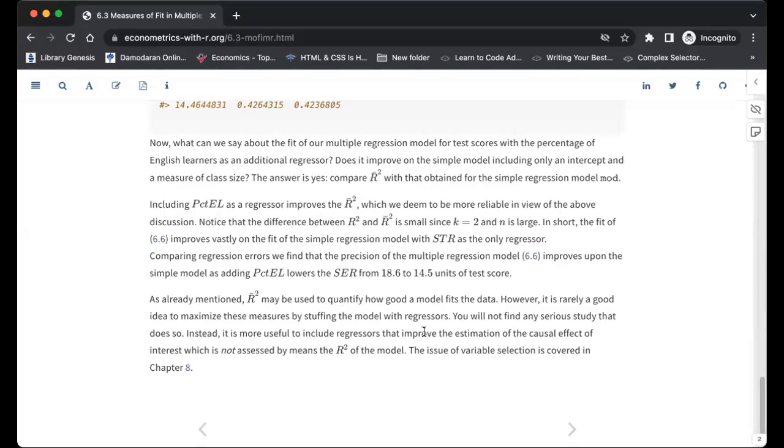Maybe here it asks whether the multiple model improves on the simple model. It says yes, comparing the adjusted R square between the two.